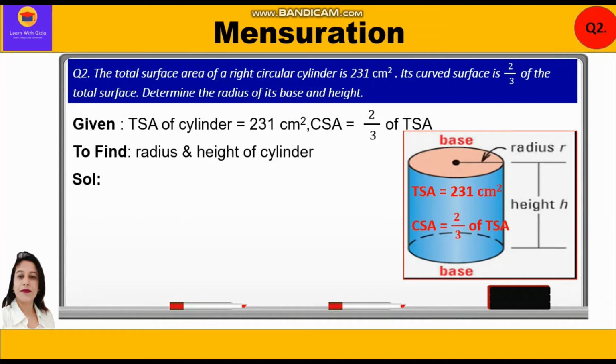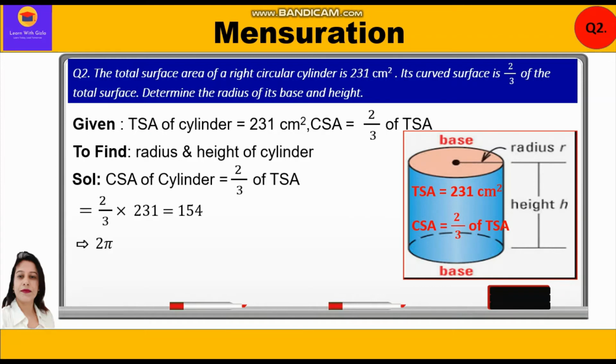Now let's start with the solution. Curved surface area of cylinder is equal to 2/3 of total surface area. That means 2/3 of 231, which is equal to 154. So curved surface area of this cylinder is 154. Now we know the formula of curved surface area is 2 pi r h. So we can write 2 pi r h is equal to 154.